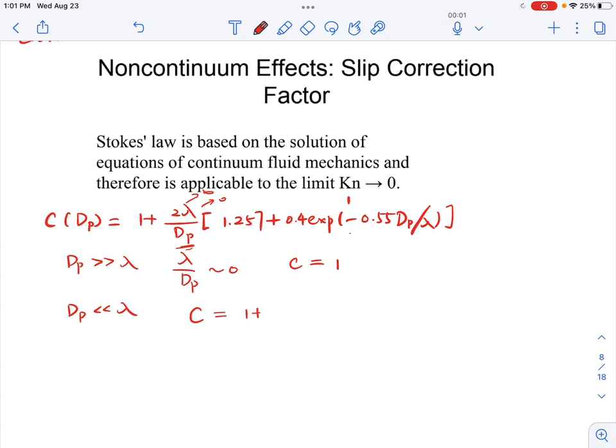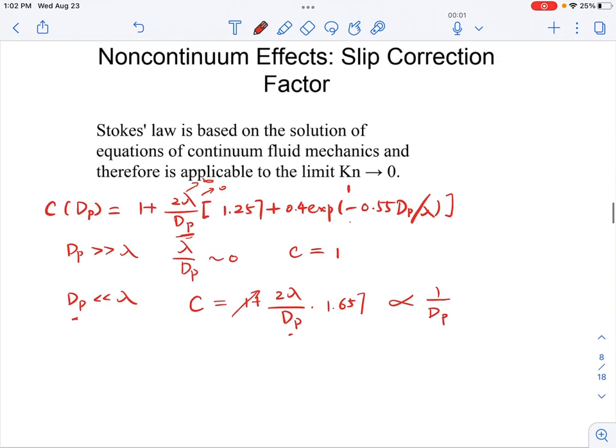So C will become 1 plus 2 lambda over dp multiplied by 1.657. Since dp is much, much smaller, the 1 can also be ignored, so the Cunningham slip correction factor becomes inversely proportional to particle size.